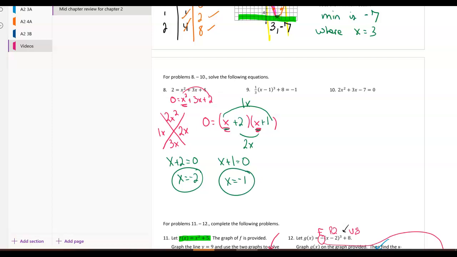All right, my next problem, I have one type of x, so I'm going to get the x alone. So the first thing that I'm going to move is the addition subtraction, so I'm going to subtract the 8, which gives me -9. Then I'm going to move my multiplication division, and the easiest way to get rid of this fraction is to multiply by the reciprocal. So I'm going to move this down here.